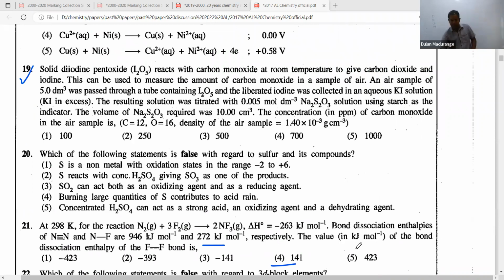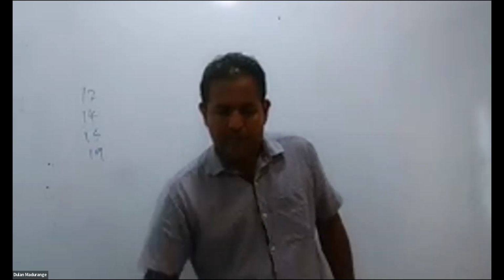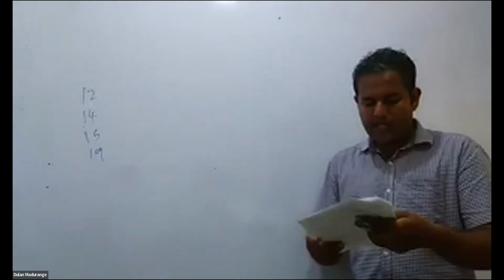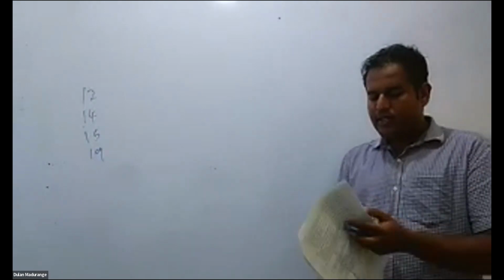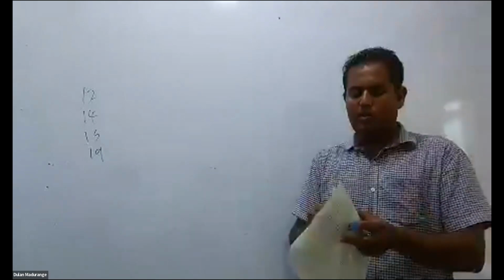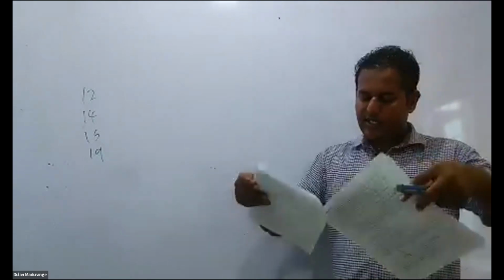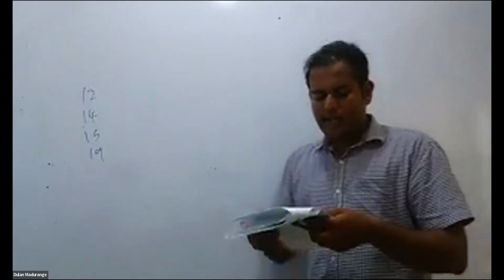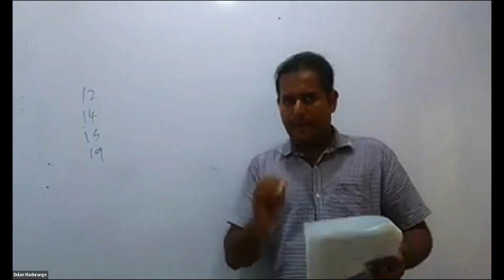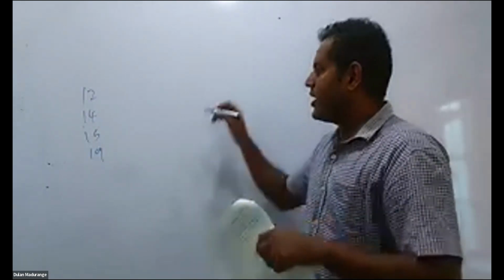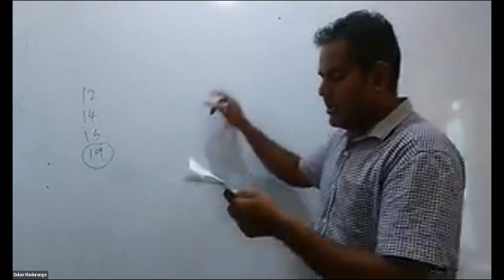Right, so you have to write the reviews. මේ paper එක කරන වෙලාවට skip කරලා ගියට කමක් නැහැ. මේ හතරනොත් අමාරුම question එක 19. ඒක කර කර හිටියොත් ඉවරයි. ඊට පස්සේ review එක දිනනකොට definitely කරන්න. Solid diiodine pentoxide, I2O5, 19, okay.